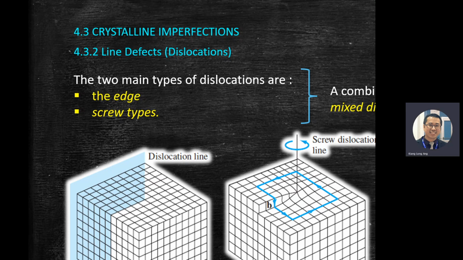The catching part is the slice, the cutting plane, and then you look at the screen here. The Burgers vector is pointing down. It will tell you the sliding plane. Okay, the rest you read.